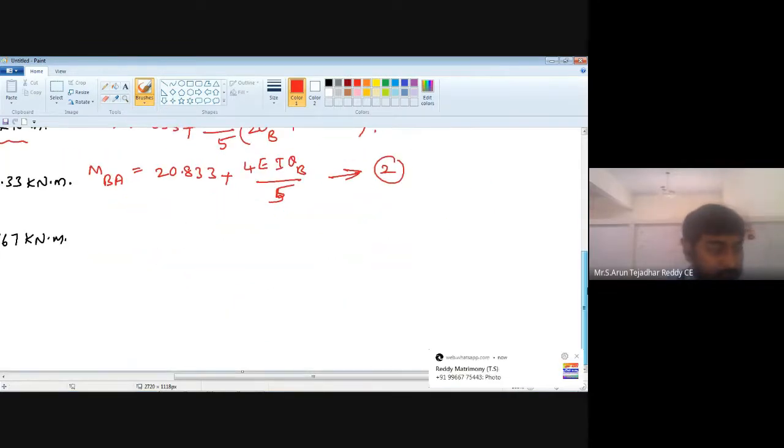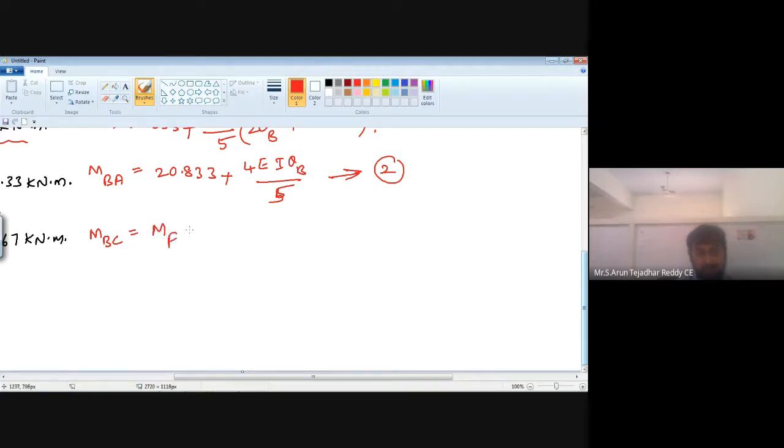Next, the next span is BC. That is MBC is equal to the fixed end moment of span BC, so MFBC plus 2EI by L is common into first term is B, so twice theta B, plus second term is C, so theta C, minus 3 delta by L. Here delta is not given, so 0, and theta B is already unknown.